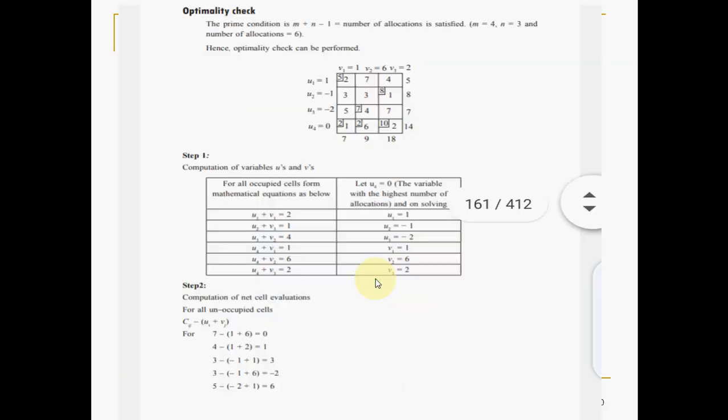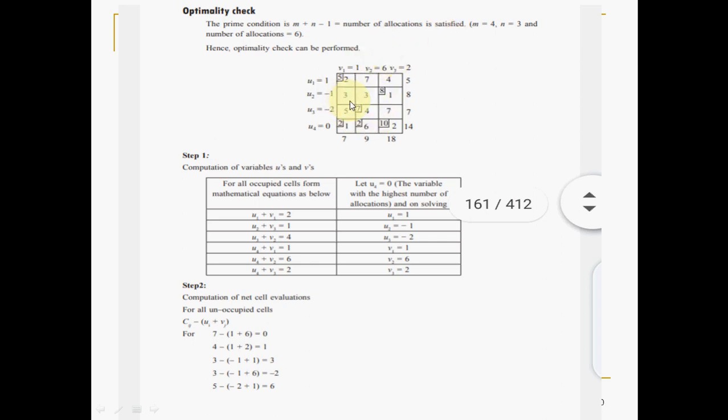Just you can see here. Assume that here you are getting this. M plus n minus 1 is different and the number of allocations is different. Then you have to find out the least unoccupied cell. For example, let us say this one is the least unoccupied cell. You have to put epsilon there so that the number of allocations will become equal to m plus n minus 1.